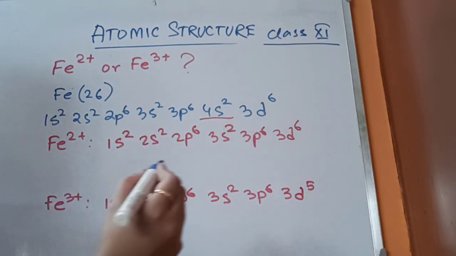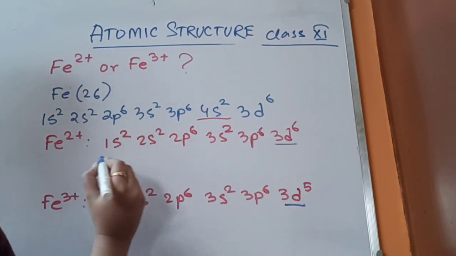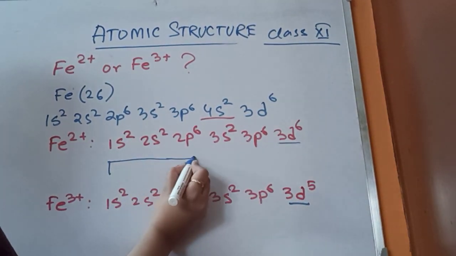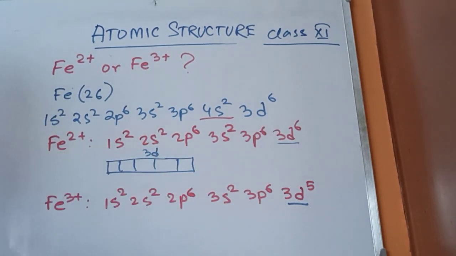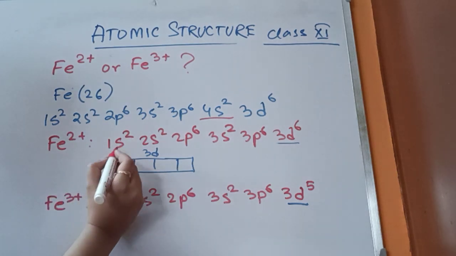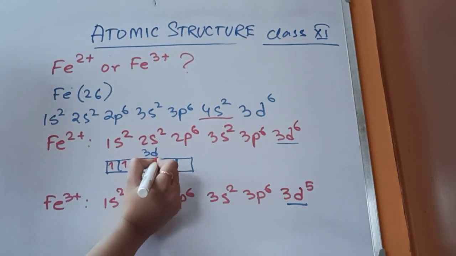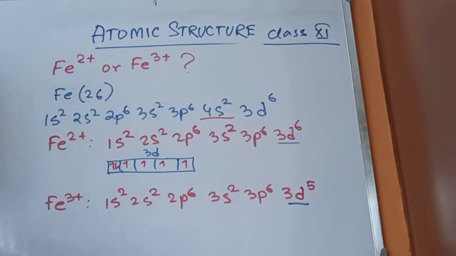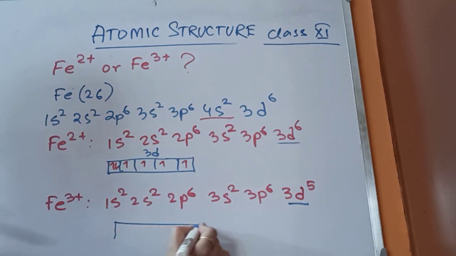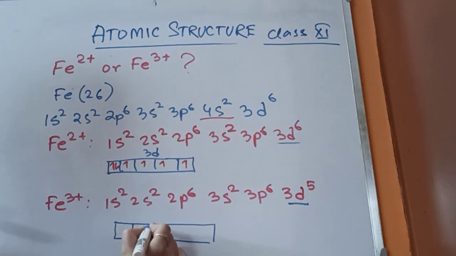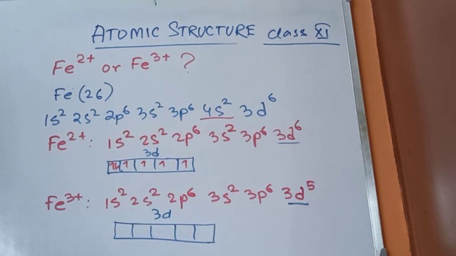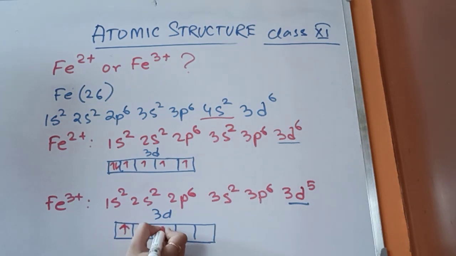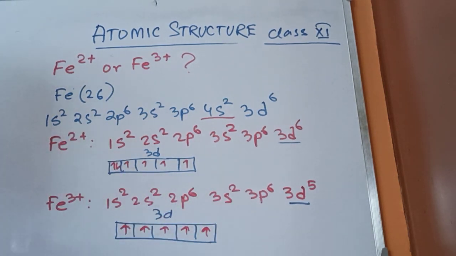So let's look at the valence configuration. For 3d, the valence configuration is like this for Fe2+, and for Fe3+, the valence configuration looks like this.